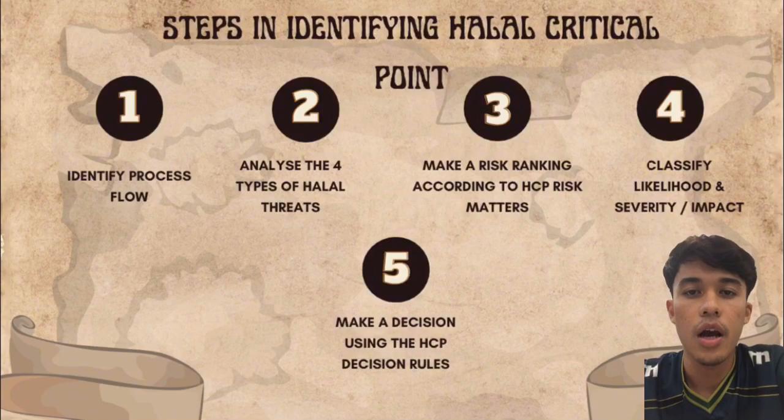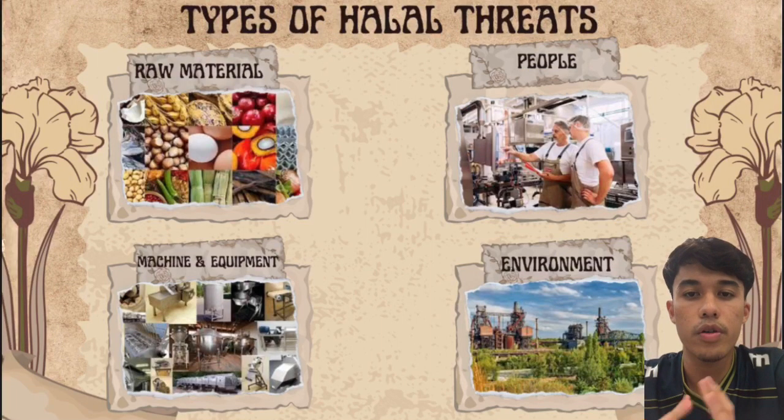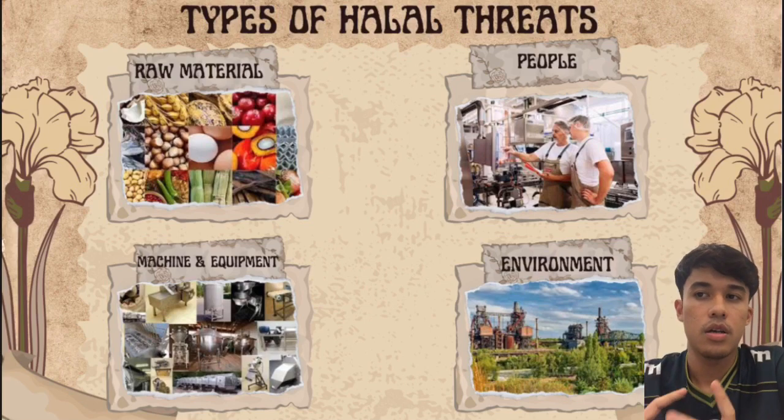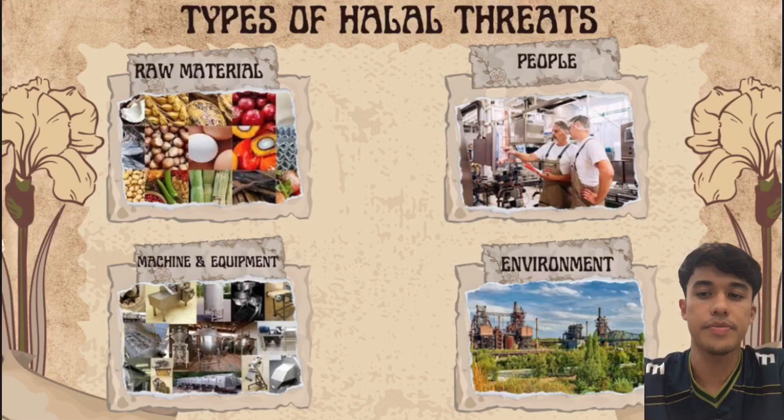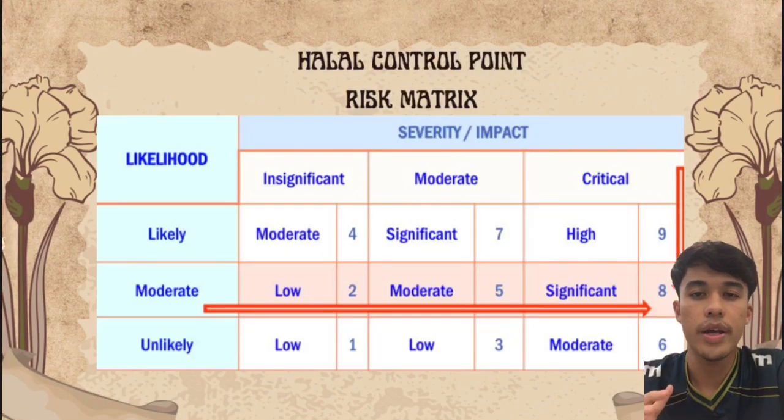Firstly, I'm going to show you the 4 types of halal threats, which come from raw material, people, machinery equipment, or environment. Next, as you can see in this slide, we have data for the halal critical point risk matrix.